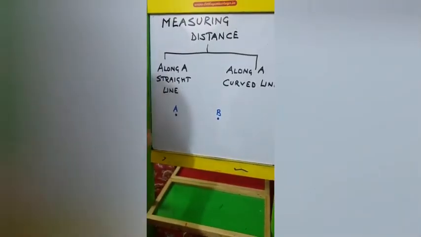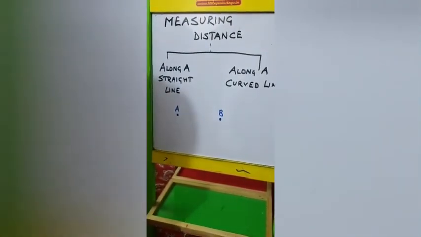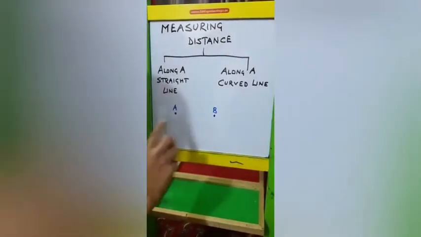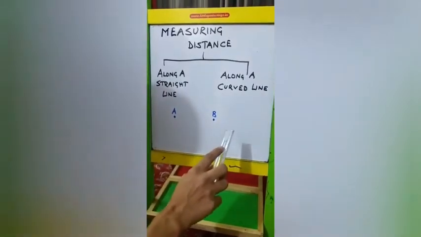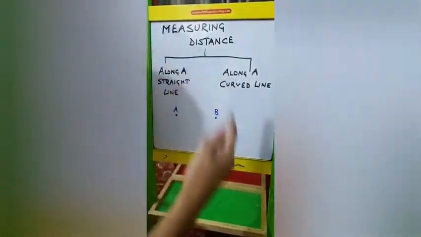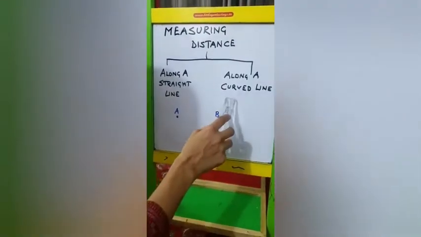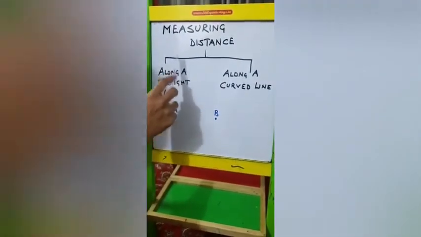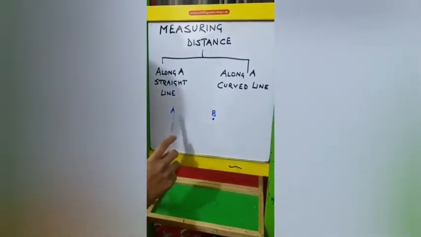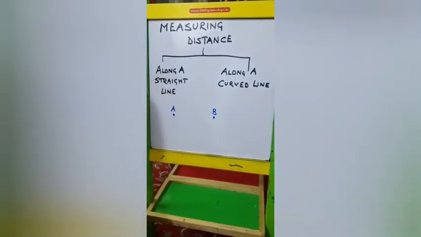Now, distance can be measured in two ways. One is along a straight line, if the distance between two places is along a straight line, and the other is if the distance between two places, or a number of places, is along a curved line. So let us first consider this distance measuring between two places which lie more or less in a straight line.